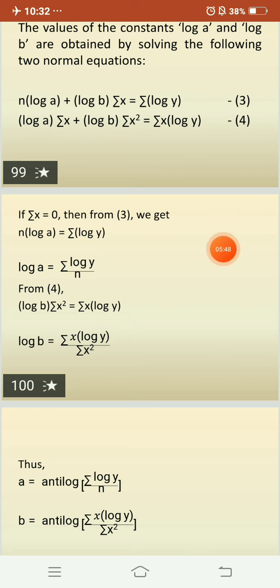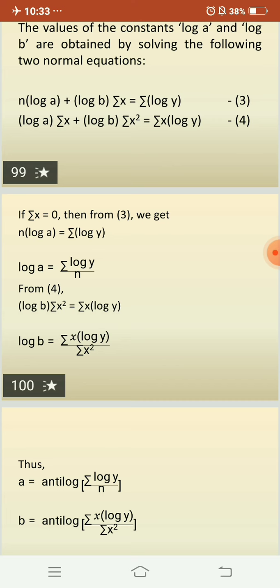Again apply summation x equals 0: you get log b into summation of x square equals summation x into log y. When summation x is an individual value, you take it as 0.